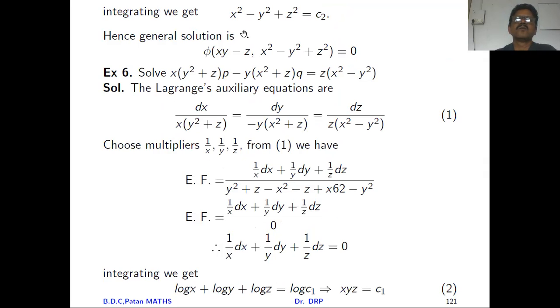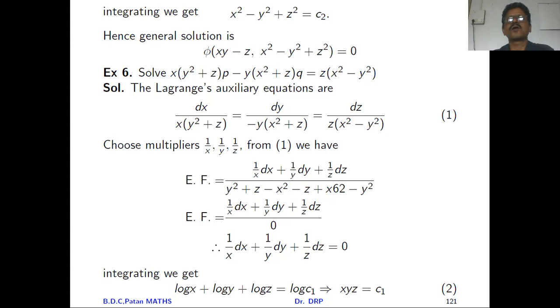And friends, once you know these two solutions, u equal to c1 and v equal to c2, then the general solution of the equation is given as phi of u comma v equal to 0, that is phi of (xy minus z, x square minus y square plus z square) equal to 0. So in my sense, friends, you have understood the solution of each and every problem taken from today's lecture.